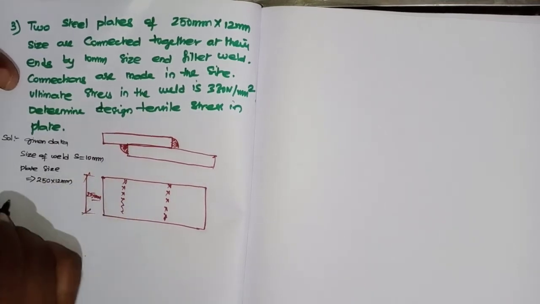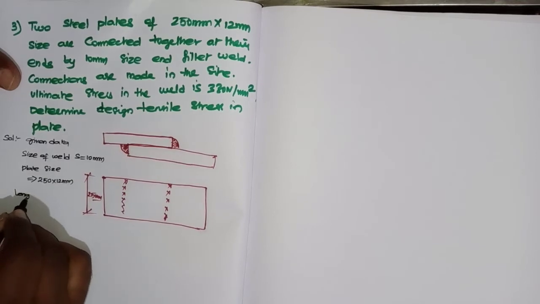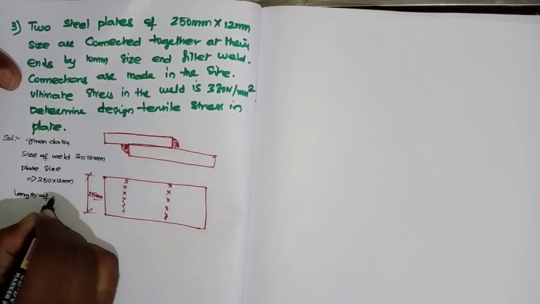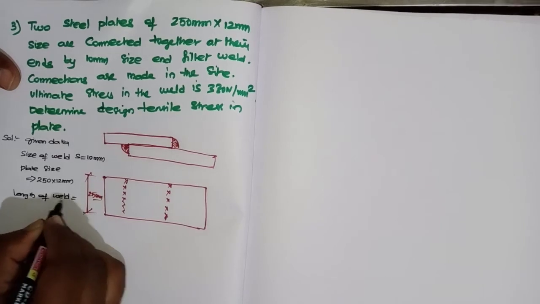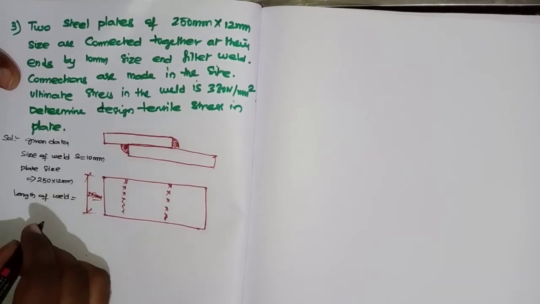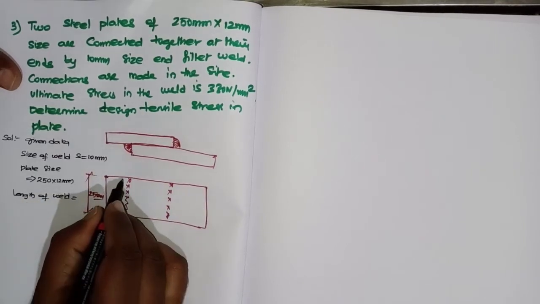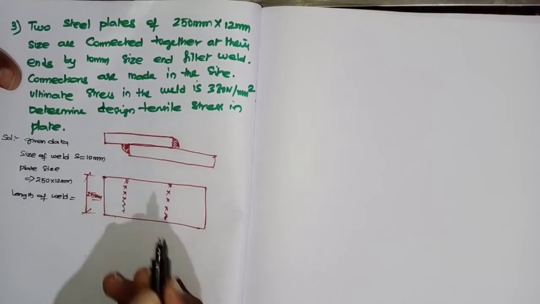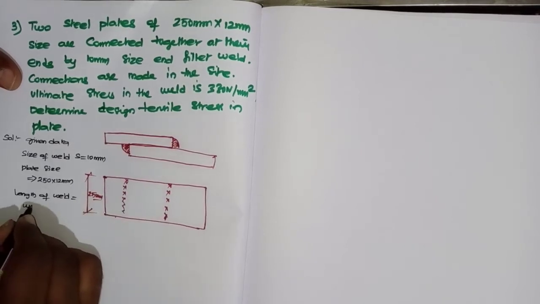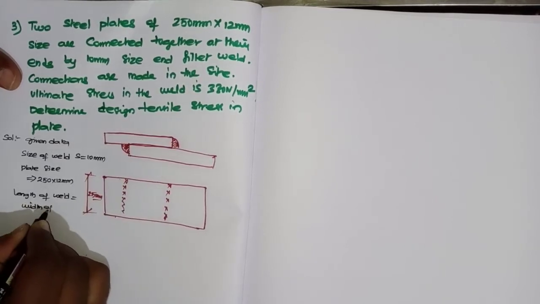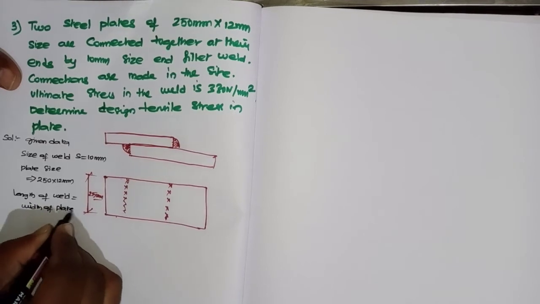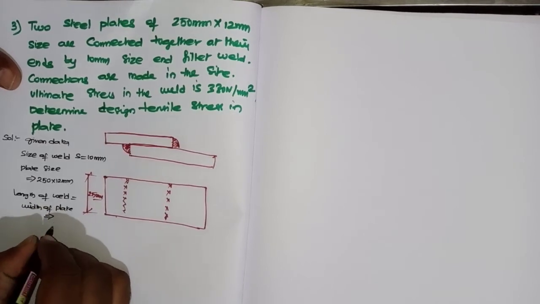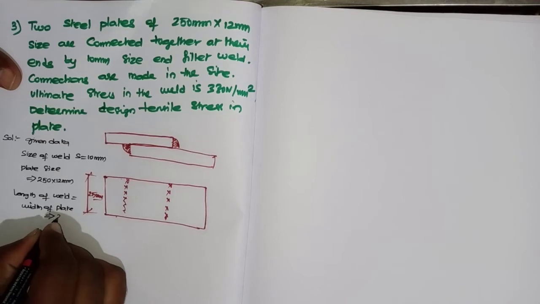Now, what will be the length of weld? This much length, which equals the width of the plate, that is L.